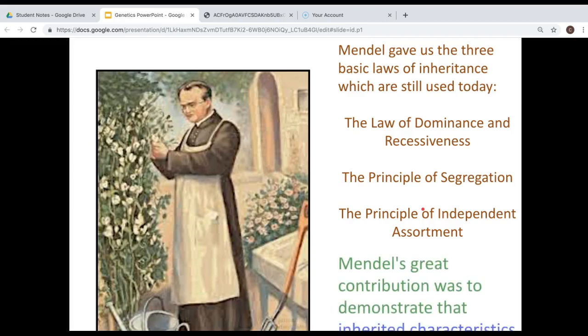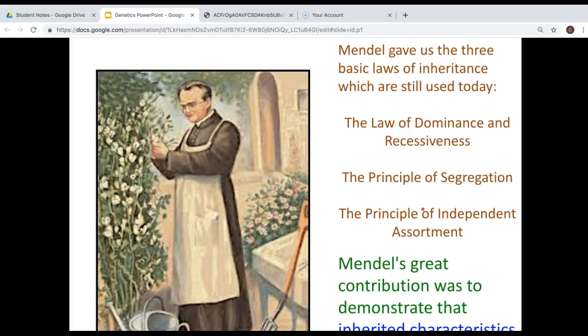And Mendel's greatest contribution to the world of genetics was that he proved, remember we said genes in our test had to be able to carry information and transfer that information from mother or father to offspring. Well, he proved that inherited characteristics are carried by genes. So go ahead and write that down.